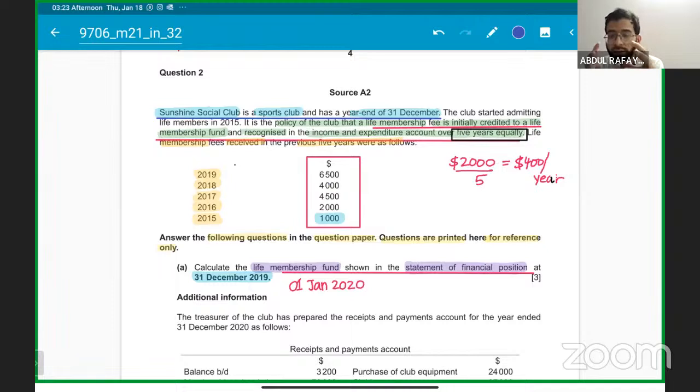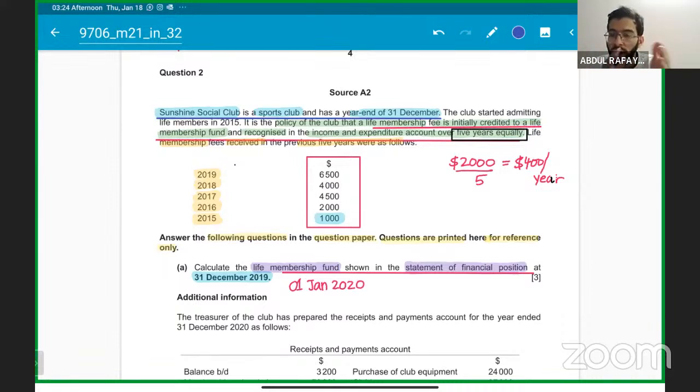credit the income. Okay, कि जिस साल जिस क्योंकि because of the matching concept and prudence concept, we understand, students, that whatever the current year is income is, we will record in that. So we can clearly see, for example, if we are taking 2017, if we have received life membership fund of $4,500 in 2017, it means that the income will be recorded in 2017 each year, 2018, 2019, 2020, and 2021.